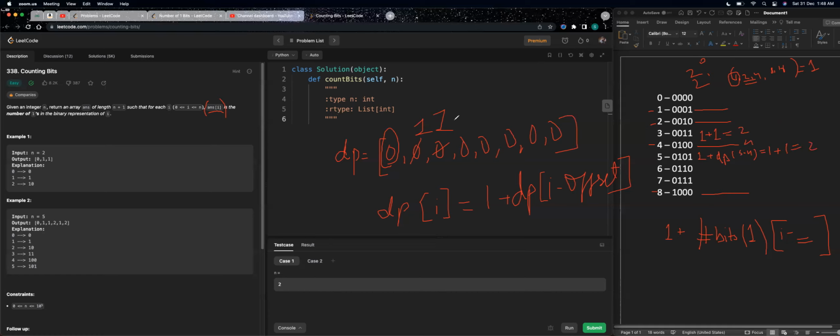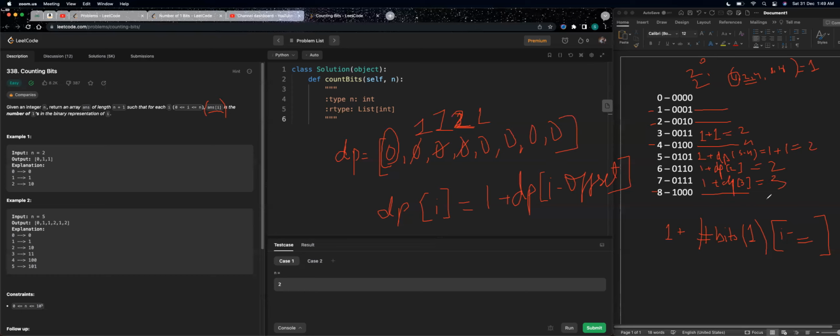Now, we would also update the values of dp. dp3 was 1 plus 1, 2. For dp4, it was 1, as it was an offset value. Now for dp6, it would be similar: 1 plus dp6 minus 4, or dp2. dp2 was 1, so it's 2. Again, for 7, it would be 1 plus dp3, which would be 1 plus 2, that's 3.